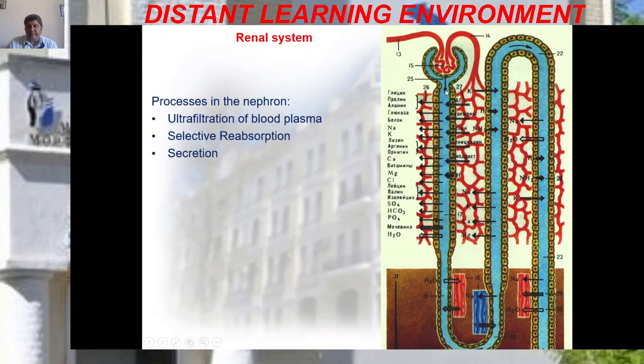Primary urine goes through the canal system of the nephron, and the process in this canal system is named selective reabsorption. You may see the reabsorption of substances into the blood system here. And the next process is excretion. It goes on in the distal part of the nephron tubules here, the distal straight and convoluted tubules.